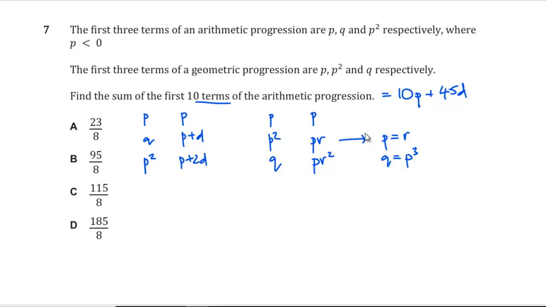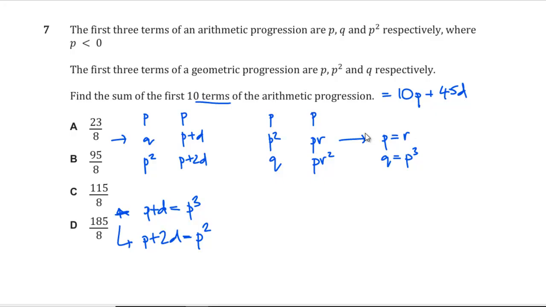Okay, so P plus D is equal to P cubed from here. And then what else can I do? P plus 2D is going to be equal to P squared. Okay, so that seems fine, doesn't it? Which way am I going to want to go about doing this? Well, D, I suppose I just get D from the first one, put it in there.